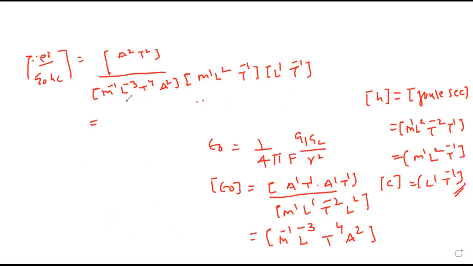Now M minus 1 and M plus 1 get cancelled, M will become M0. L2, L3, yes, cancel. Very good. Then T: minus 1 is minus 2, plus 4 is 2, goes up 0. A also 0. Everything is getting cancelled.